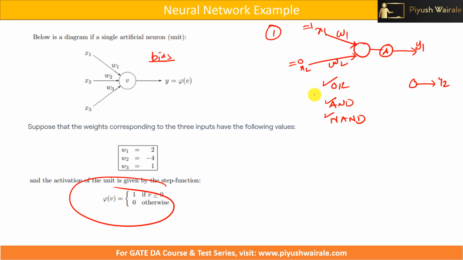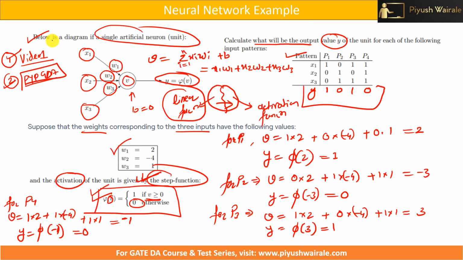So that's it from my side. But first, please watch video 1. After that, watch this particular video, and after this video, please watch the previous year GATE DA solution. If you watch these 3 videos, that will be good enough for your GATE DA exam. If a question comes from this particular topic, you can easily solve it in the GATE exam. So that's it from my side. Thank you.